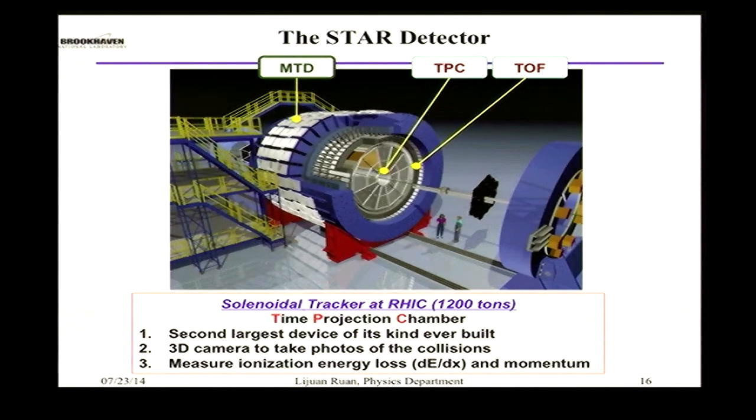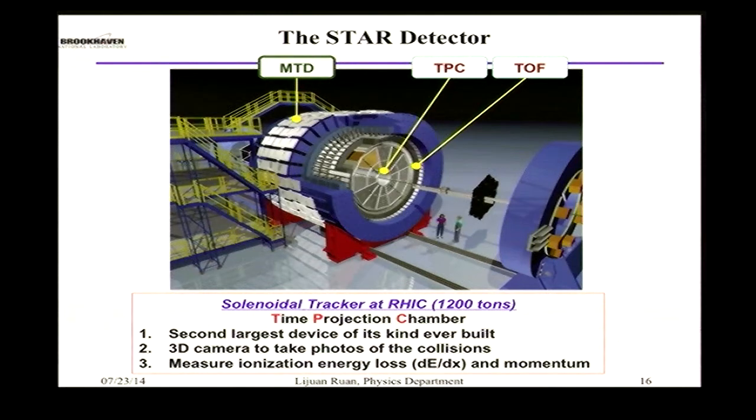If you have a chance to visit in summer on a Sunday, you can actually go and look at STAR, and you will find it's really very big. It's about 10 meters tall, and also along the beam direction it's about 10 meters. So it's quite big. The time projection chamber is the second largest device of its kind ever built.